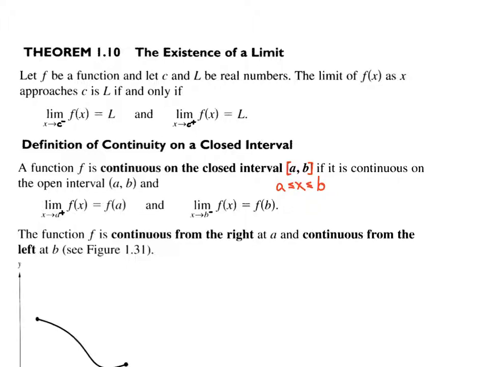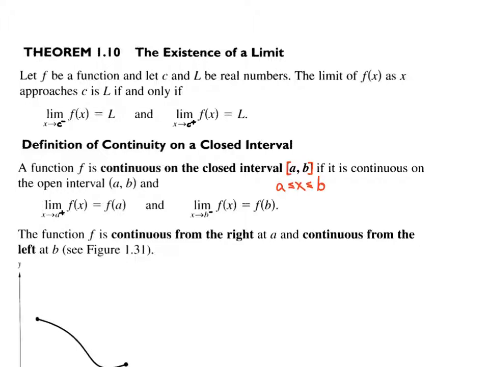Alright, so here's kind of a formal presentation of the definition we already looked at, or the existence of a limit that we already looked at. If f is a function, and let c and L be real numbers, the limit of f of x as x approaches c is L if and only if both of these have to be the same.